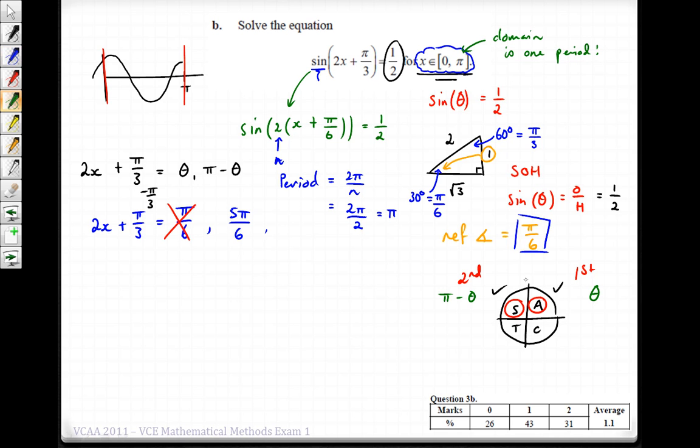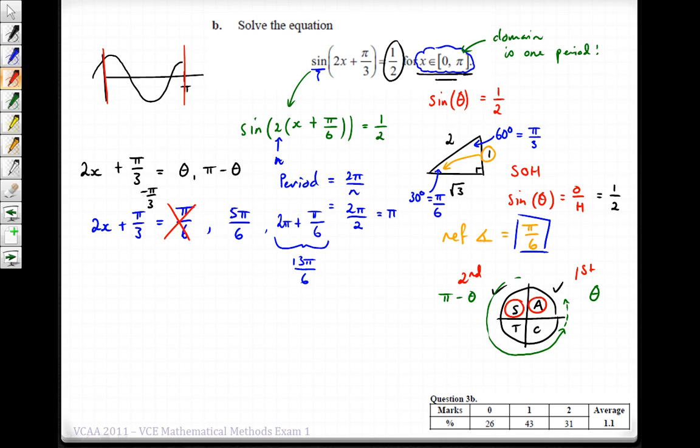So if we keep chugging around our circle, we're going to find that that is equal to 2 pi plus theta once we're into the fifth sort of quadrant. So that's 2 pi plus theta. So that's going to be 2 pi plus pi on 6, which hopefully is going to be 13 pi on 6.